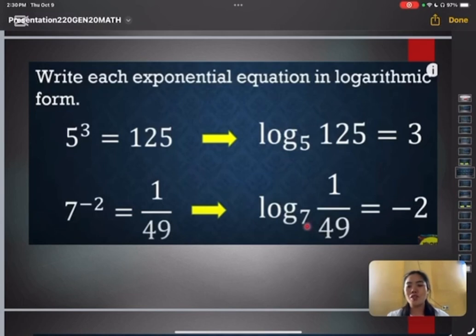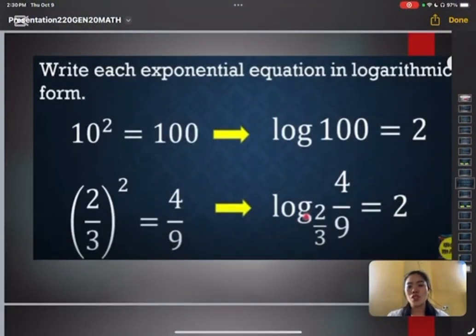You have noticed that indeed the exponential equation is the opposite of the logarithmic equation. Next example, we have 7 raised to the power of negative 2 is equal to 1 over 49. In logarithmic form, we will have log 1 over 49 with base 7 is equal to negative 2.